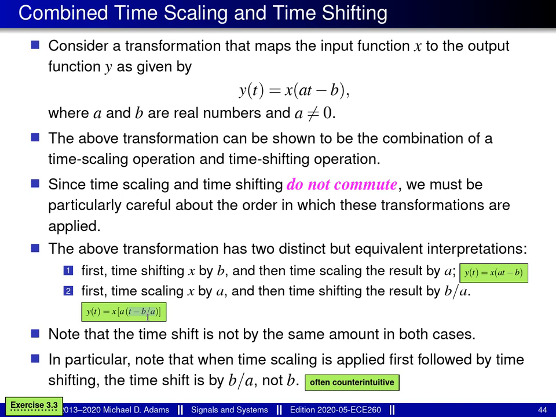And because subtracting the b over a is associated with time shifting, our intuition would suggest that this corresponds to shifting by b over a first and then scaling by a. But this is wrong, because in option number 2, we're actually scaling first and then shifting.